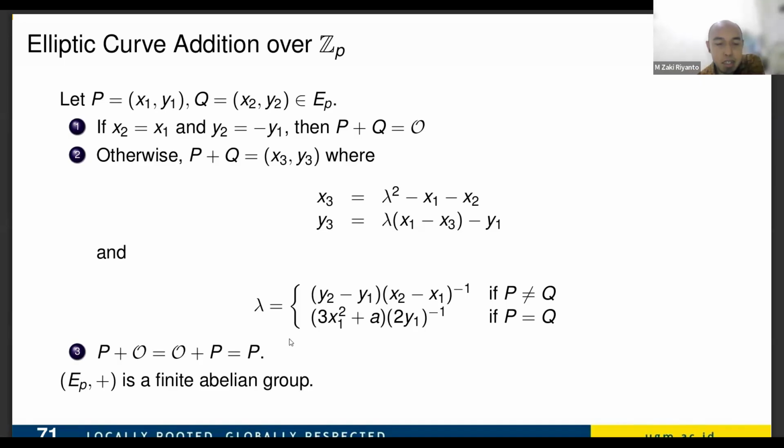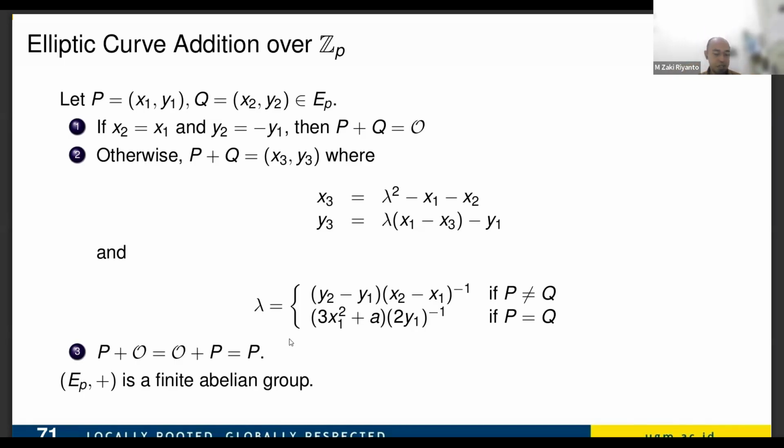Otherwise, suppose that P plus Q is (x3, y3), then x3 and y3 are given like that, where the value of lambda is different.